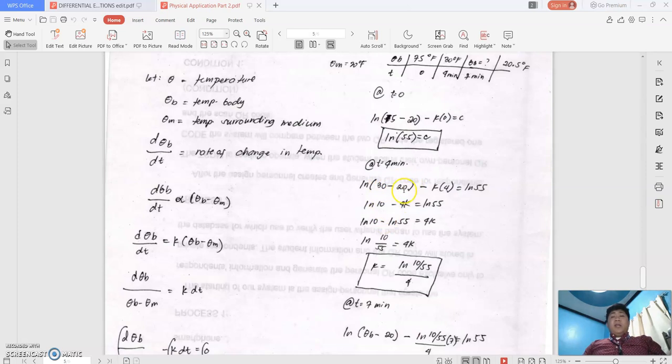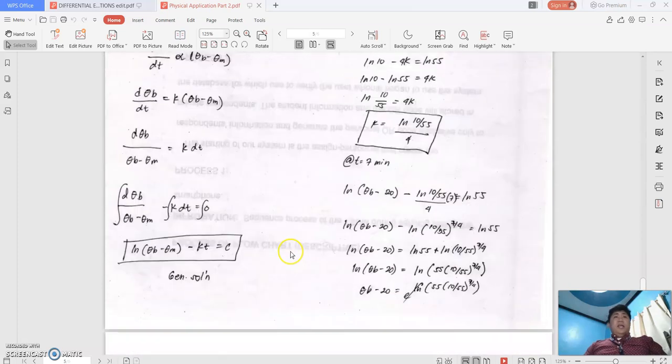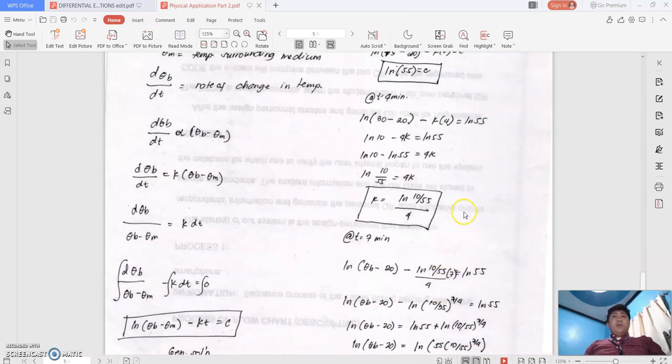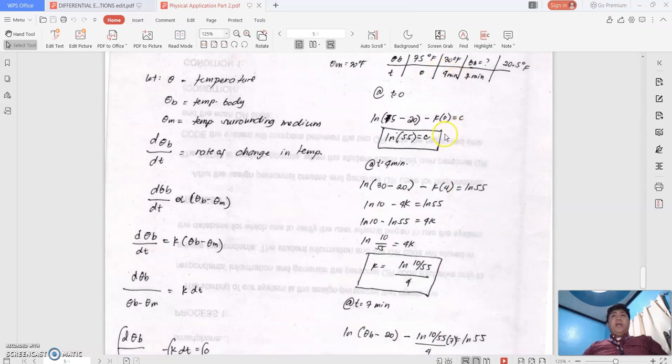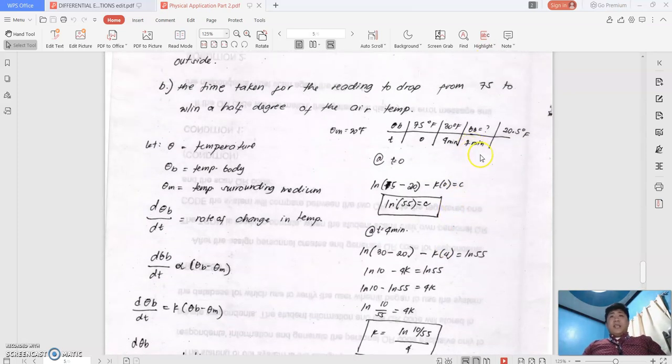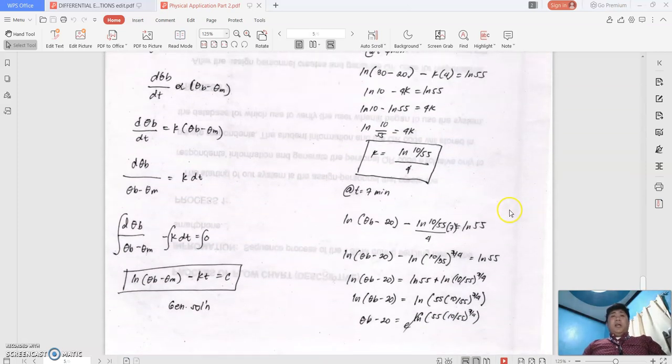So you have 30 minus 20, that is 10, ln 10, and since this is 4 minutes, you have 4k equals the value of your C in this formula. Basically, if you already have the general solution and your table, it's just plain substitution, per column.